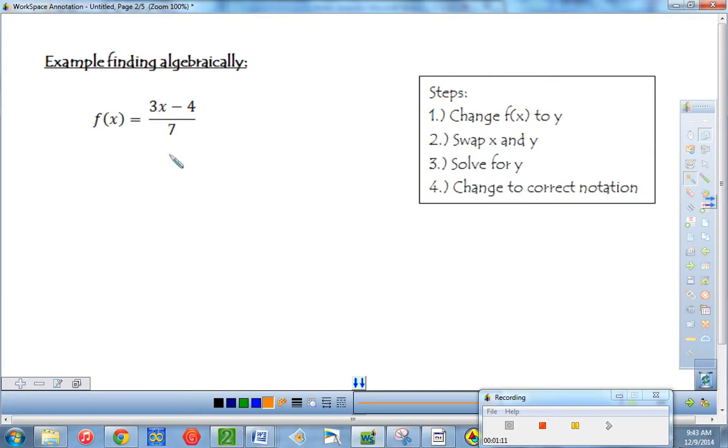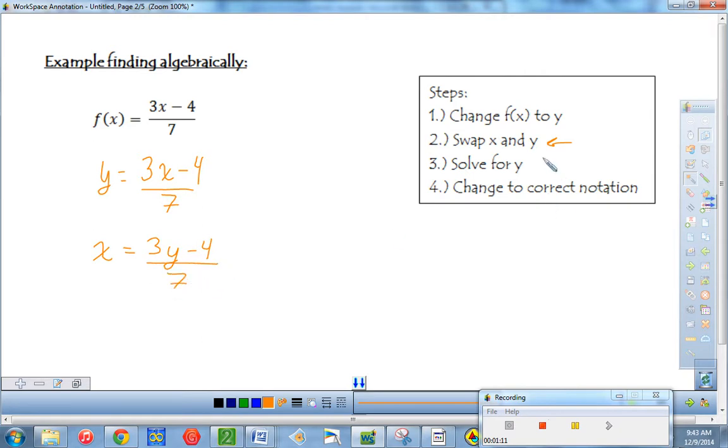Algebraically, we do the exact same thing, really. F of x really just means y, so sometimes it's easier to view it as y. And then if we switch our domain and range, we're just going to swap x and y. So this is going to become x equals (3y minus 4) over 7.